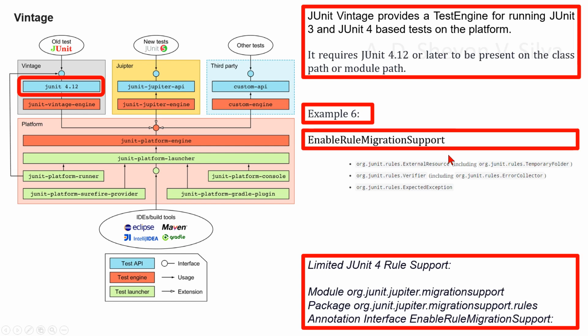As stated before, JUnit Jupiter does not and will not support JUnit 4 rules natively. The JUnit team realizes, however, that many organizations, especially large ones, are likely to have large JUnit 4 code bases that make use of custom rules. To serve these organizations and enable a gradual migration path, the JUnit team has decided to support a selection of JUnit 4 rules verbatim within JUnit Jupiter.